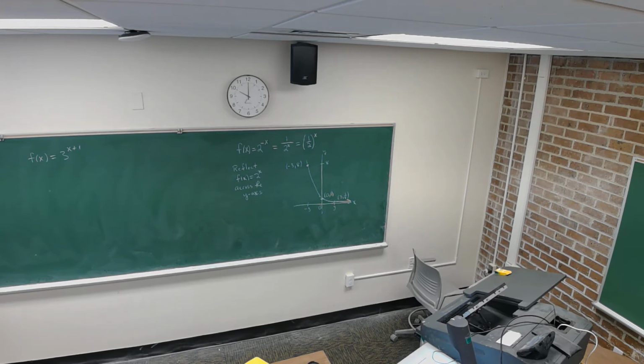To the left. When you replace x with x plus 1, it shifts the graph to the left. And how far does it shift it to the left? 1 unit. So the y-intercept that's at 0, 1, when it gets shifted to the left 1 unit, is going to be at minus 1, 1.